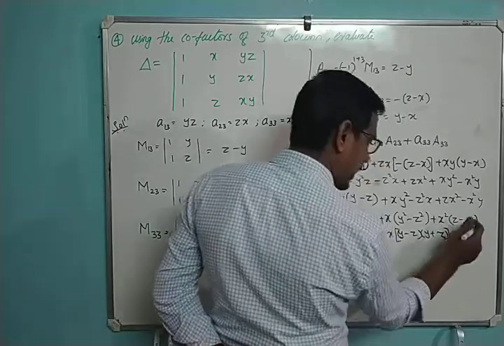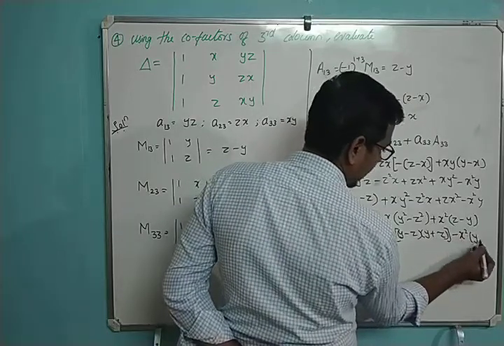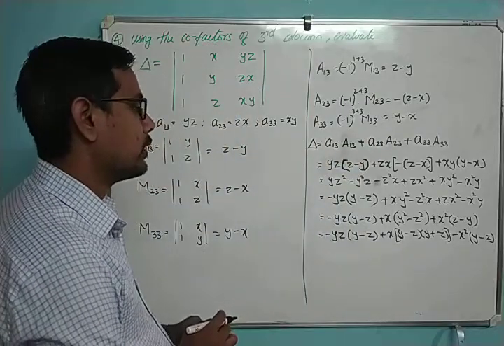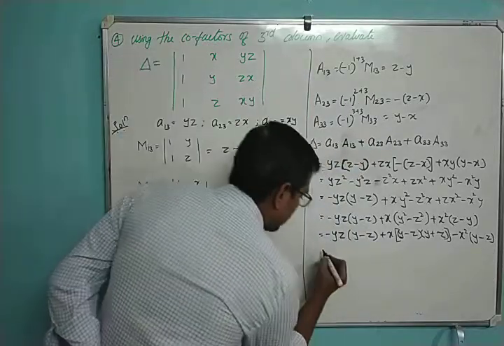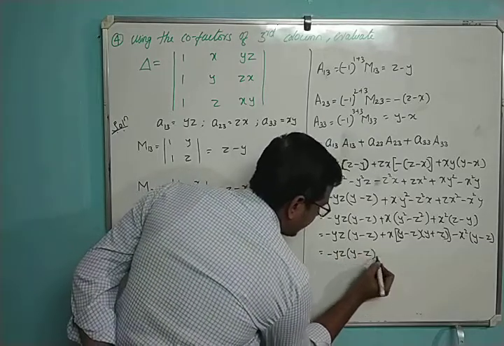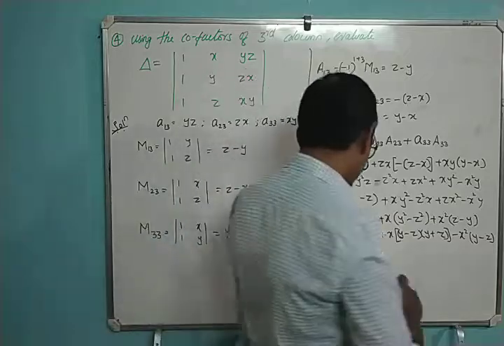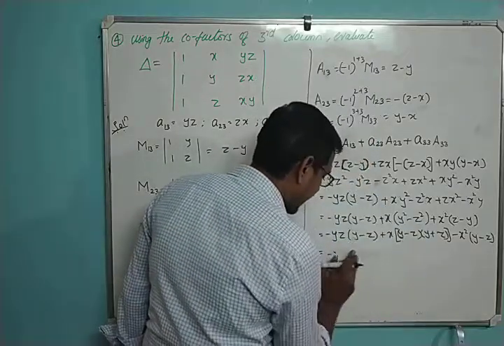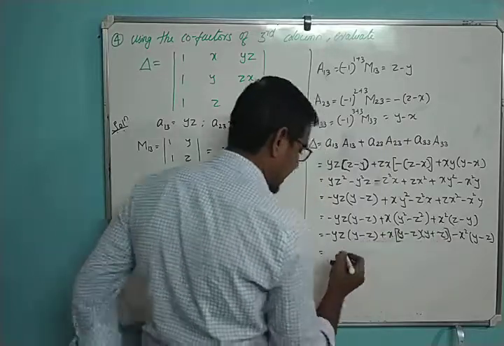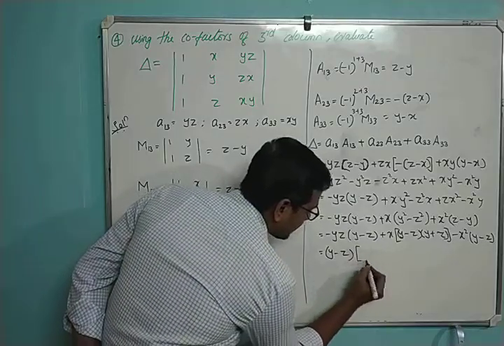Here Z minus Y is there. If I reverse, minus will be coming out, Y minus Z. Okay, so this is how it will come out. So minus YZ into Y minus Z. So plus, right? So here we have common. So I can take common. So Y minus Z is there, Y minus Z is there, Y minus Z is there. So if I take Y minus Z as common, so what remains?